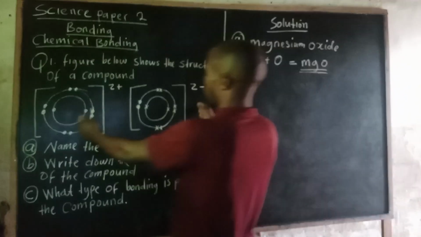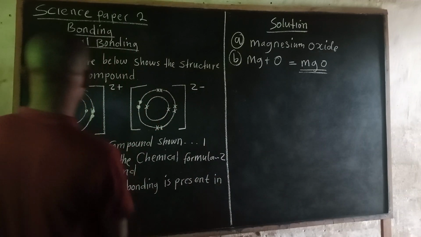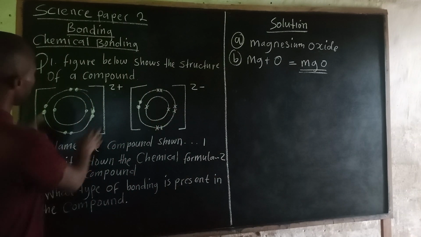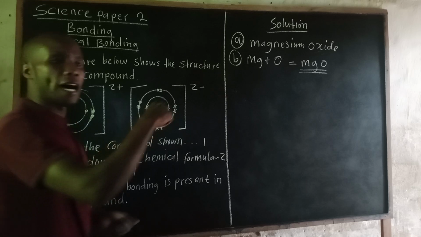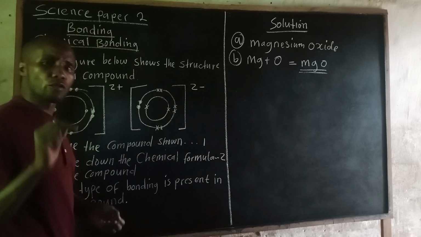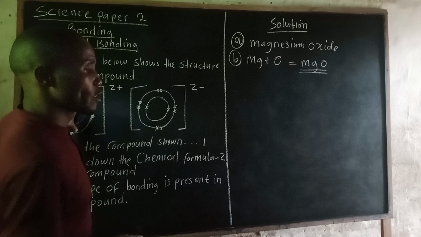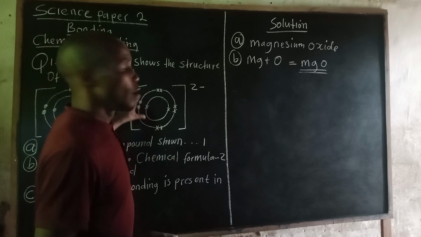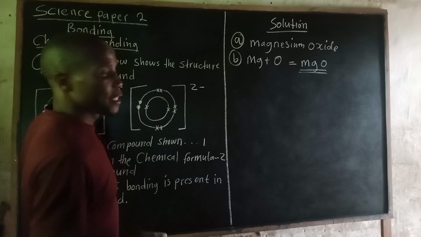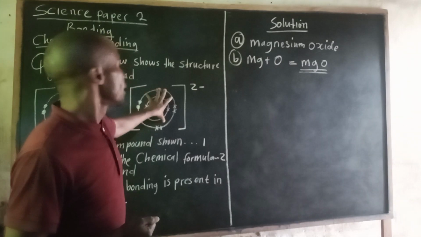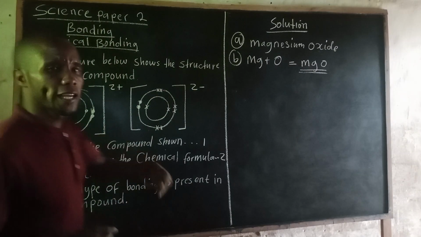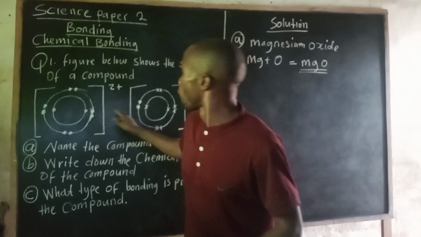As I said when I was explaining the first question, this element was actually losing 2 electrons. That means 2 electrons were being transferred from this element to this other element. So just from there you can tell that this is ionic bond.